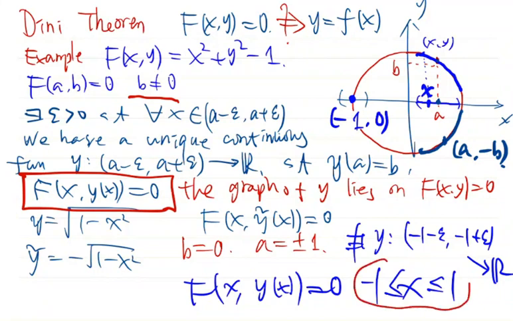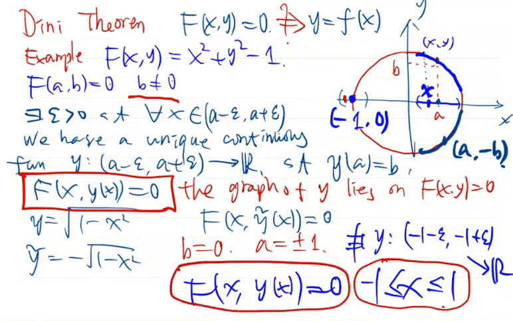All x must be contained in the interval minus 1 to 1. So you could not have y defined in any small neighborhood, no matter how small the neighborhood is, the y could not be defined. Because every such neighborhood contains points whose x coordinate is less than minus 1. Therefore, such points could not satisfy this.